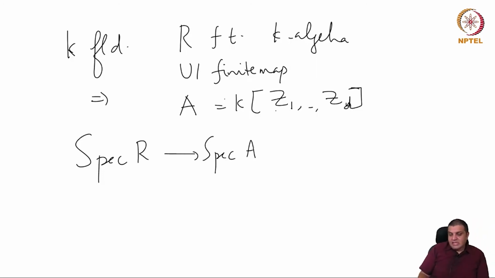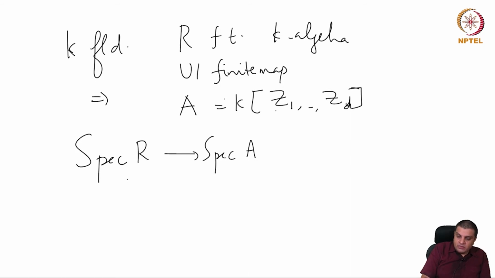In this particular case, it will also give a map from maximal spec of R to maximal spec of A, but that is a difficult theorem which we will not attempt to prove, or at least in specific examples maybe we can work it out in the exercises, but in general it's not easy. It needs a proof, but it gives us a map like this. And so we continue our discussion about integral extensions and finite maps, which will prove that fibers of such a map are finite.